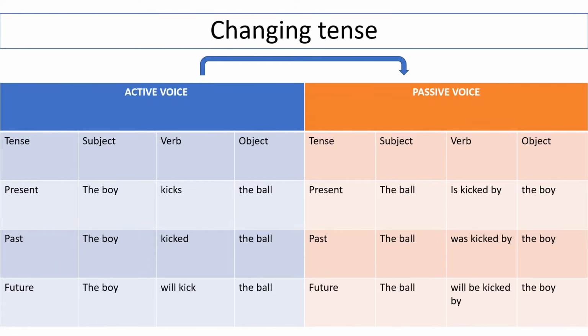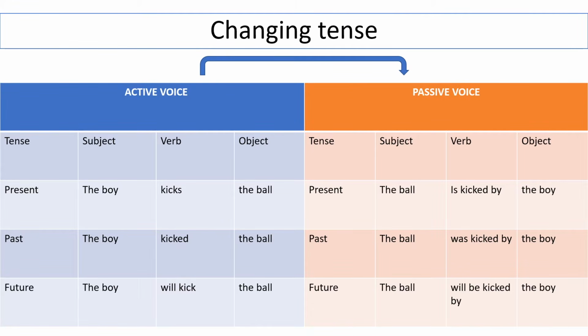Number 1, the boy kicks the ball. This is in active voice. The verb kicks is in present tense. If I look at the blue table, I can see my sentence there with the correct answer. However, I now need to change my active sentence into the passive voice.